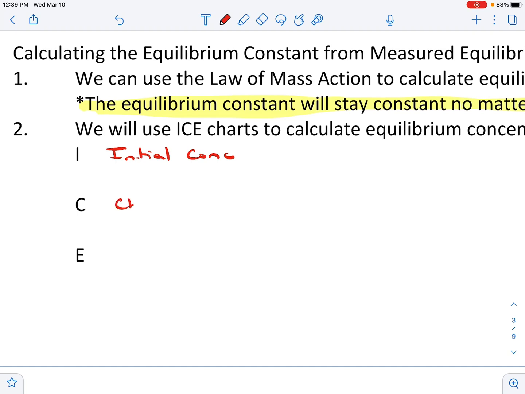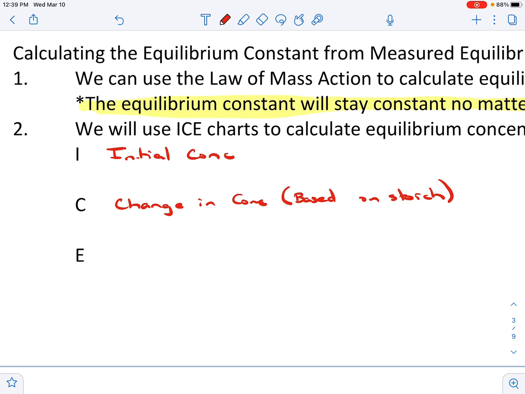C stands for our change in concentration, and this is based on stoichiometry. We'll see that in our example down below, but we have to do a little stoichiometry there. If 1 mole is used of one reactant, but we have 2 of the other one, we'll have to do 2. We'll get there; it'll make more sense once we see it.